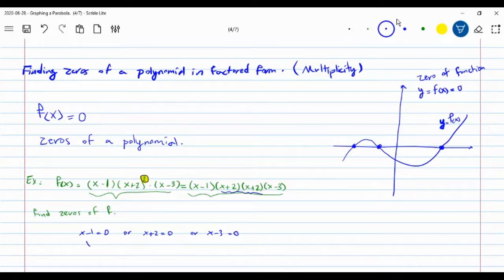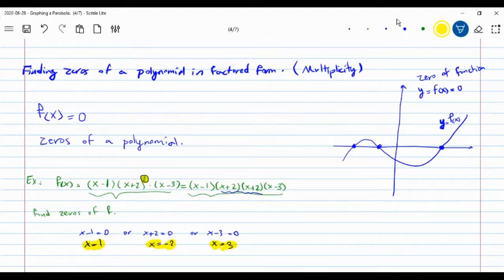This is a linear equation: x equals 1, x equals negative 2, and x equals 3. These three numbers specifically, x equal to 3, x equal to -2 and x equal to 1, are the solutions to this equation.